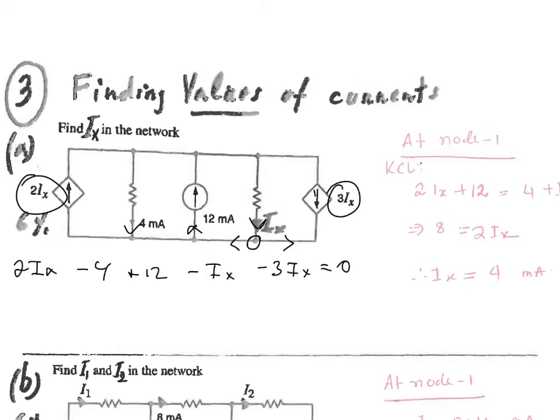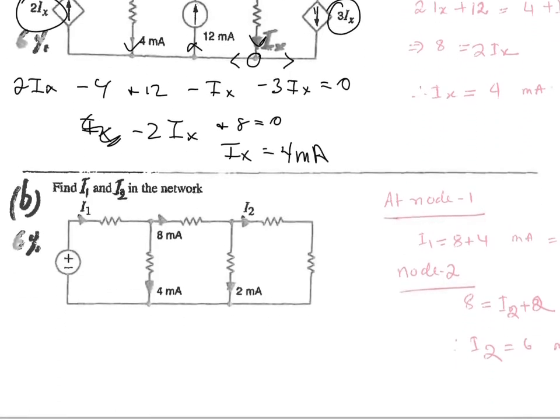You set that equal to 0. And then this would be minus 2Ix plus 8 equals 0, and then Ix would be equal to 4 mA.